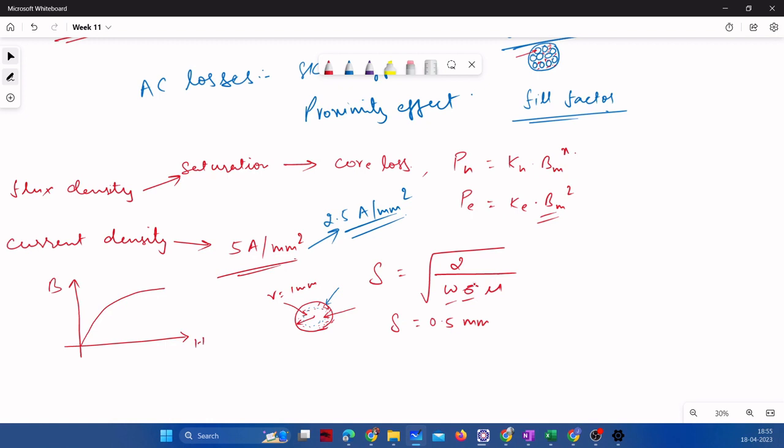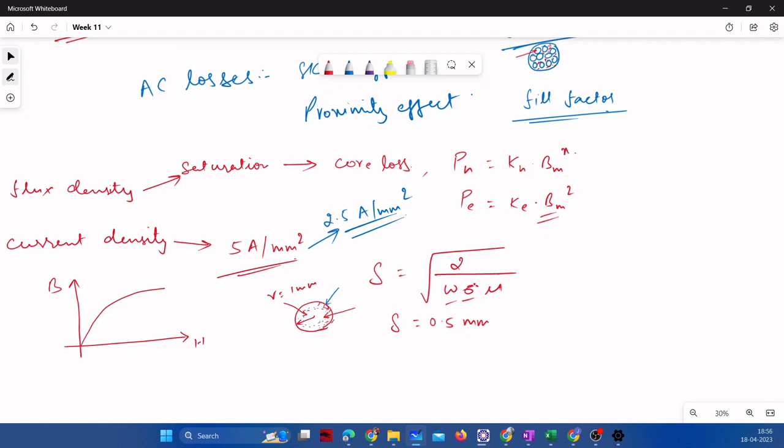If you are using a smaller strand diameter, it implies you have a skin depth higher than the radius of that strand. It means you do not need to worry about AC loss or skin or proximity effect there. But wherever you have a strand radius higher than the skin depth, then you will need to worry.